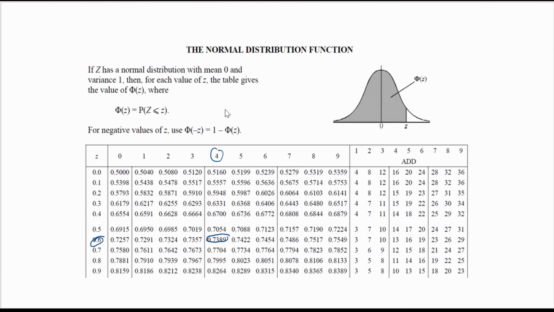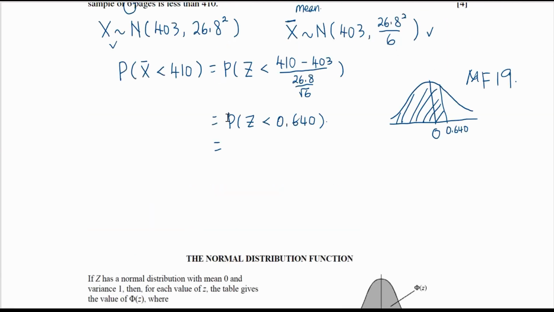So that will be the probability we want, 0.7389. To 3 significant figures, it will be 0.739. So that is the probability we found.